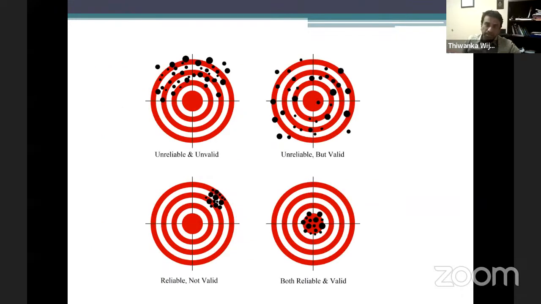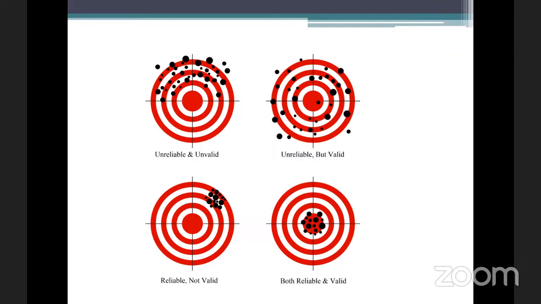This might help conceptualize this. As you can see, the bottom right is the only time where reliability and validity both apply. The others are either not valid or not reliable. So that's more of a conceptual thing.